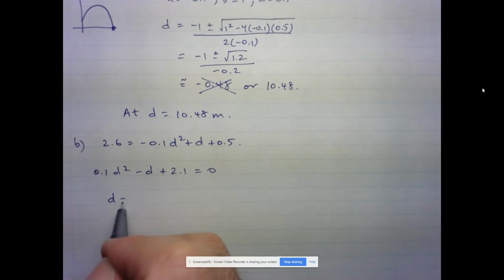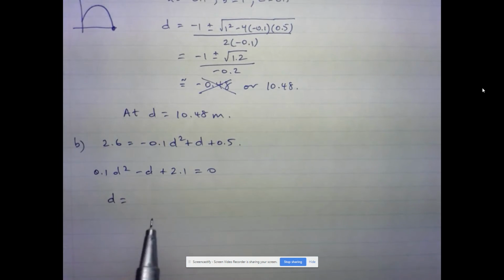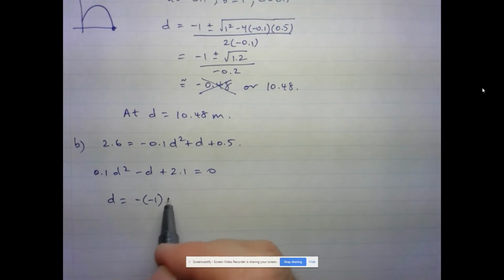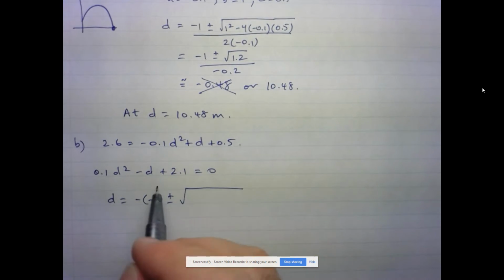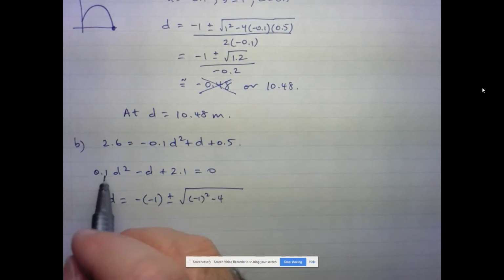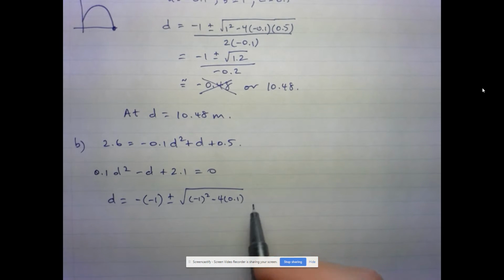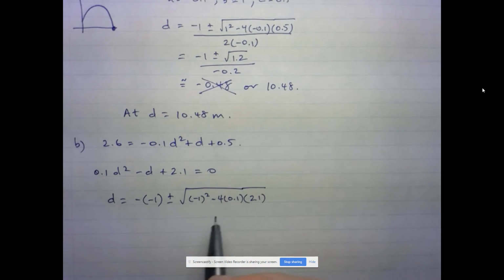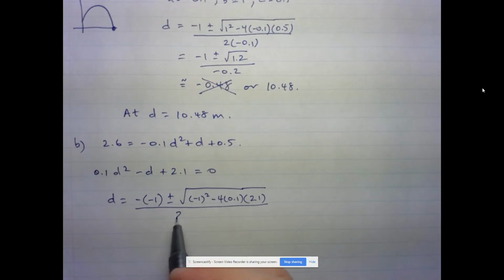So now I can just stick everything into my equation. So it's negative b, so negative 1, plus or minus square root of negative 1 squared minus 4 times a, which is 0.1, times c, which is 2.1, all over 2 times a, which is 0.1.